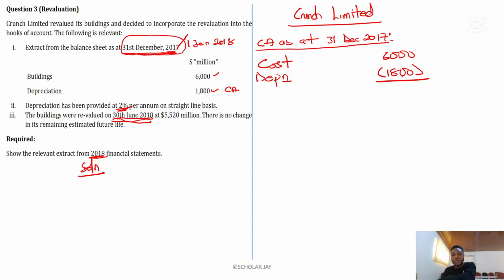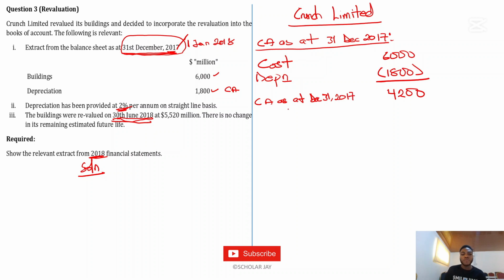I hope you are having your calculator with you. Here's my calculator. So 6,000, solve it with me. 6,000 minus 1,800. If you have any question, drop it in the comment box, okay? So we are having 4,200. So this is the carrying amount as at December 31, 2017. But when did the revaluation happen?